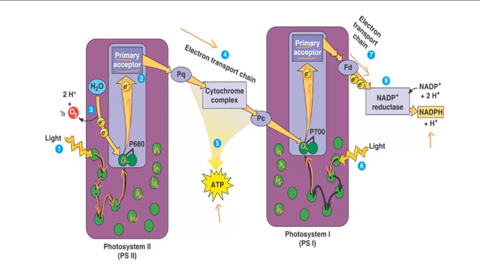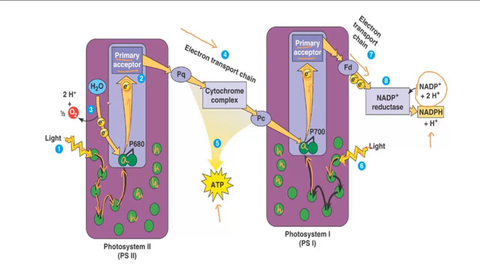But the electron transport chain from photosystem 1 does not produce ATP like photosystem 2. It produces NADPH, our second product. And what happens is it gives the enzyme NADP+ reductase the energy to take NADP+ and protons to create NADPH.